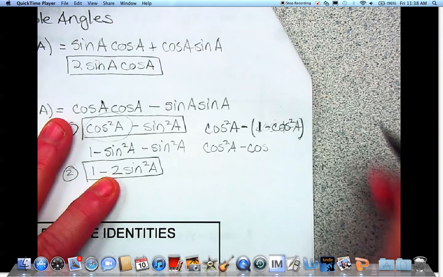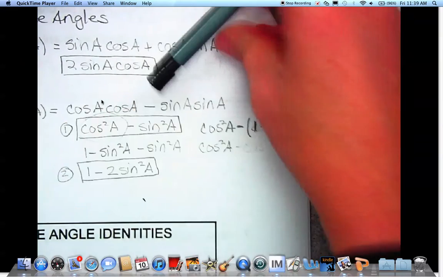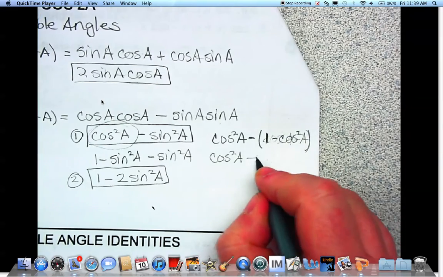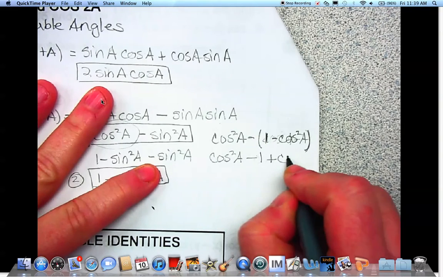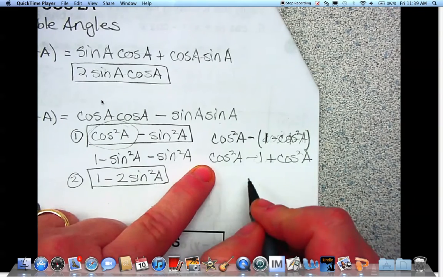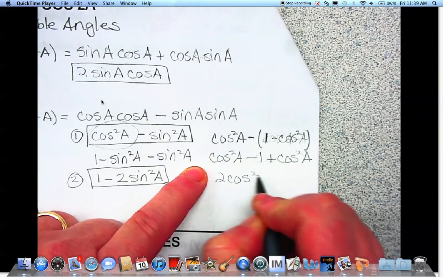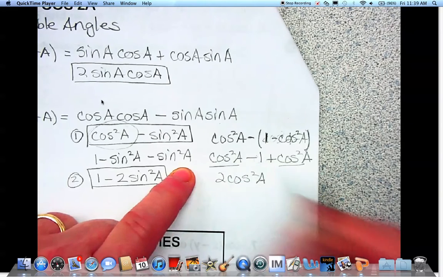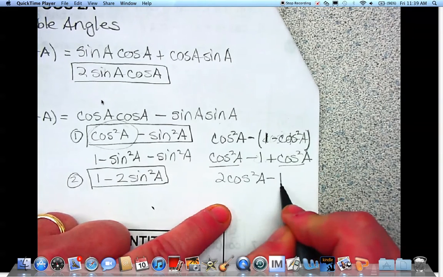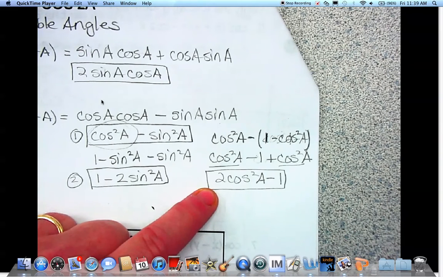Everybody agree with that? So distribute your negatives, so you get minus 1 plus cosine squared a. So, cosine squared a plus cosine squared a is 2 cosine squared a, and then minus 1. So that's your third cosine 2a identity.